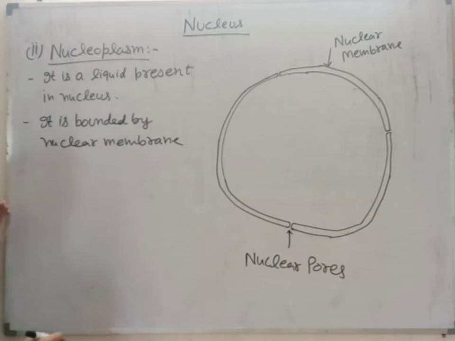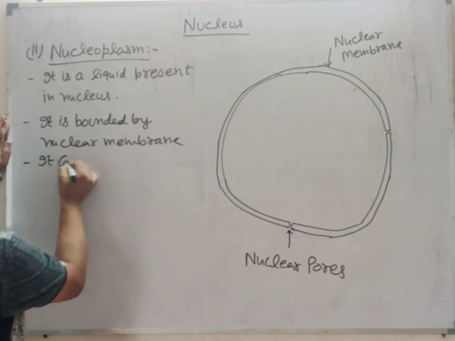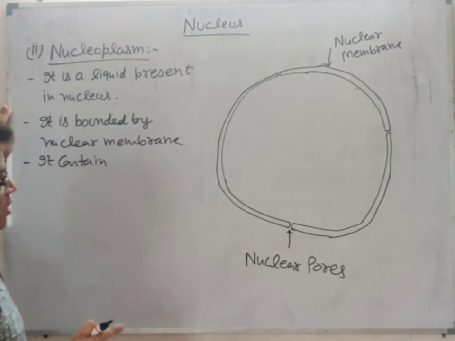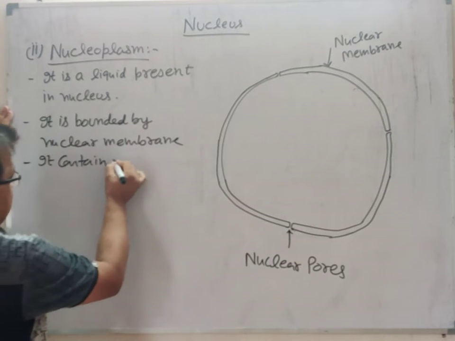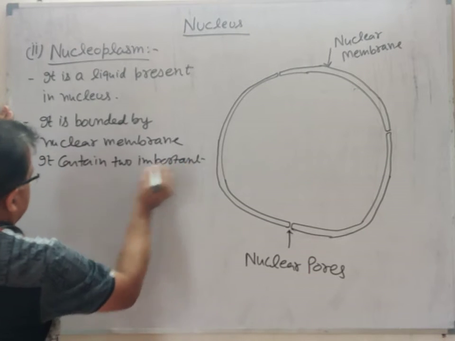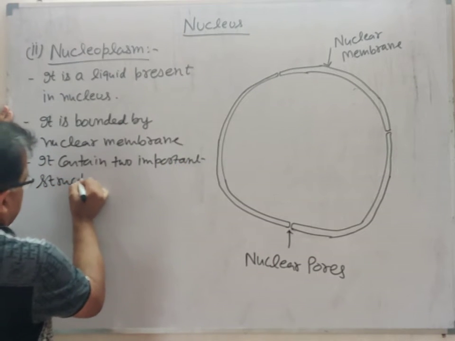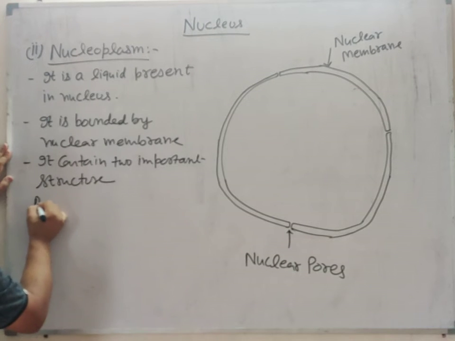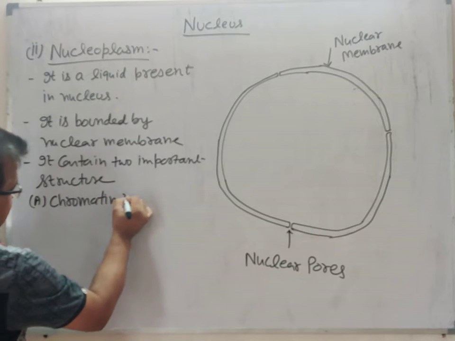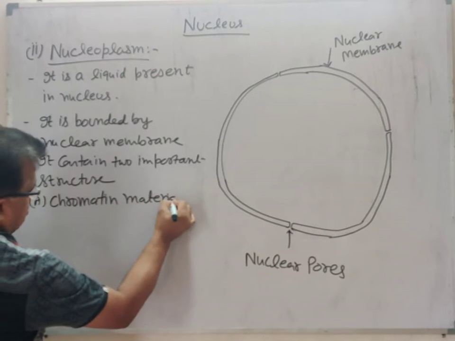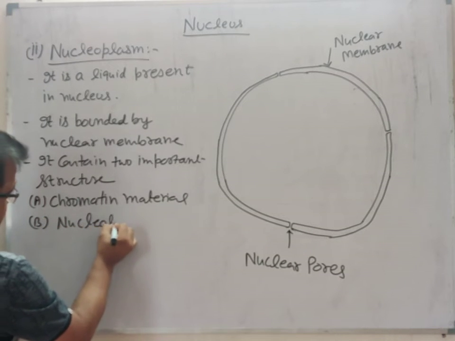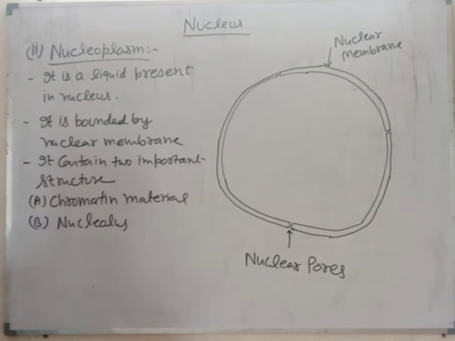Nucleoplasm contains chromatin materials and nucleolus. It contains two important structures, and those structures are chromatin material and nucleolus. So now we shall study these two.